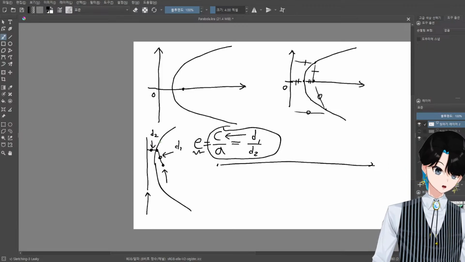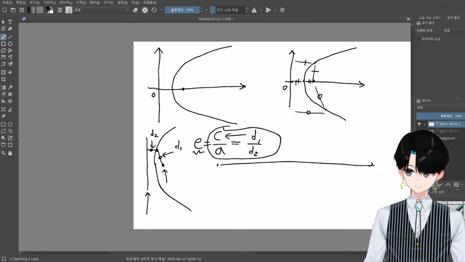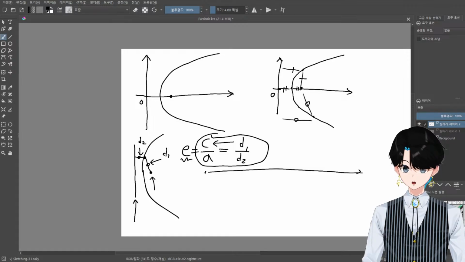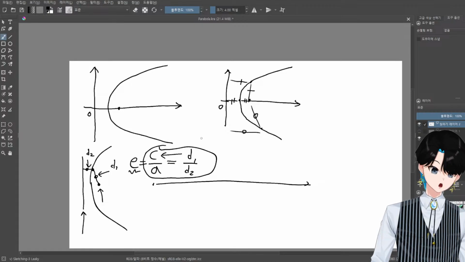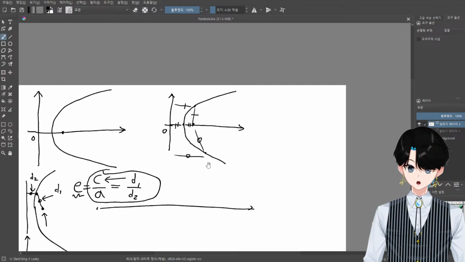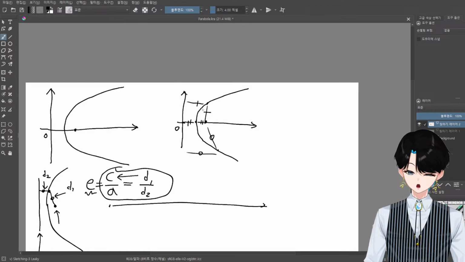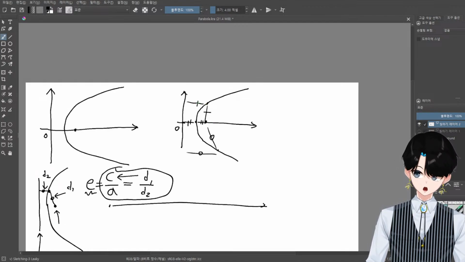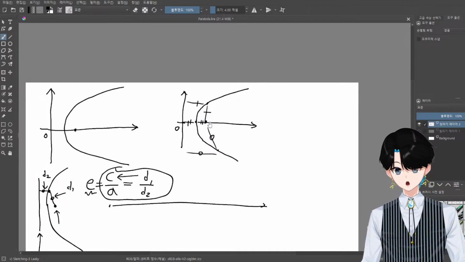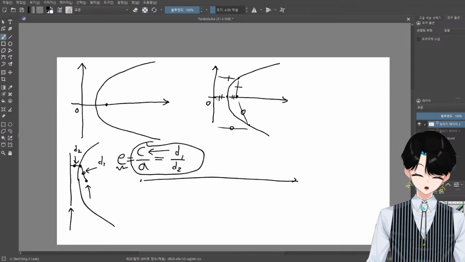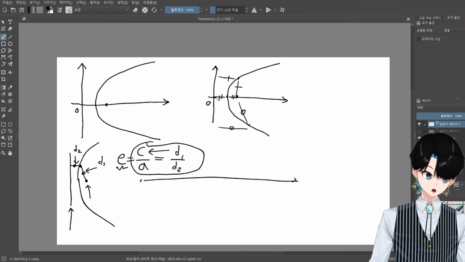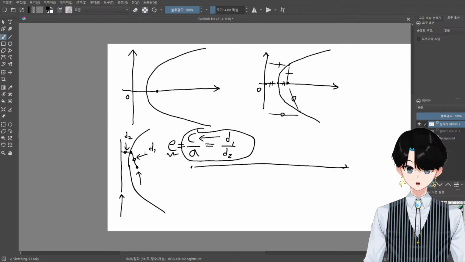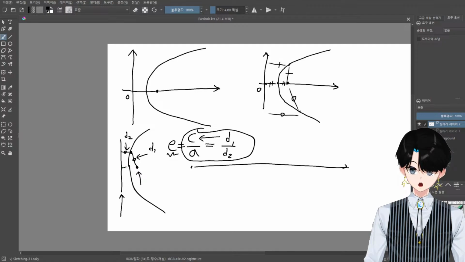So the reason why teachers taught that the definition of a parabola was the locus of points with the same distance, like these two, like I said earlier, is because the eccentricity of the parabola is 1, and one method of calculating the eccentricity is the relation between the distances between these two.